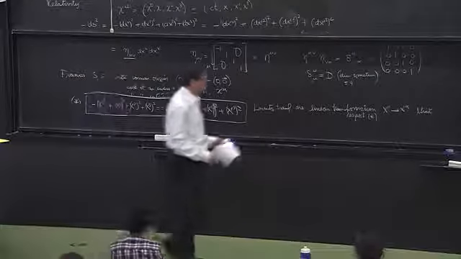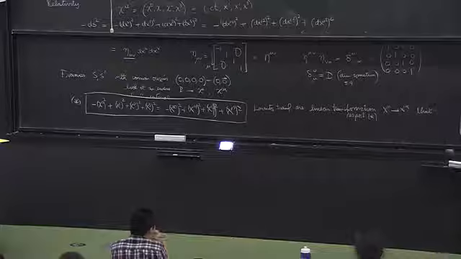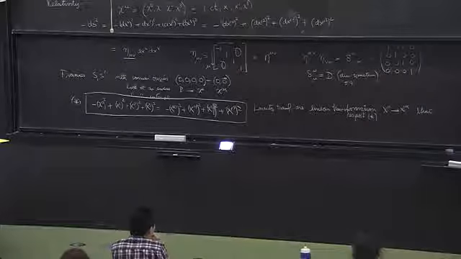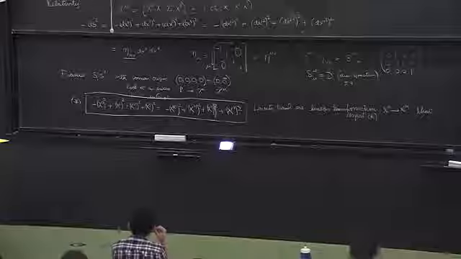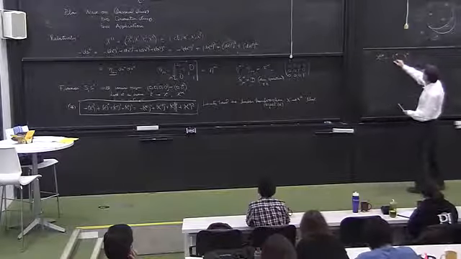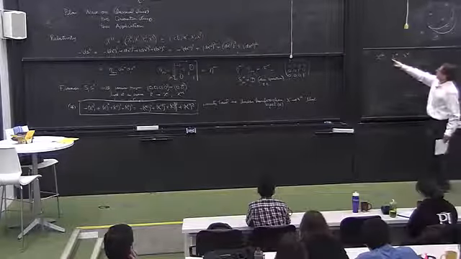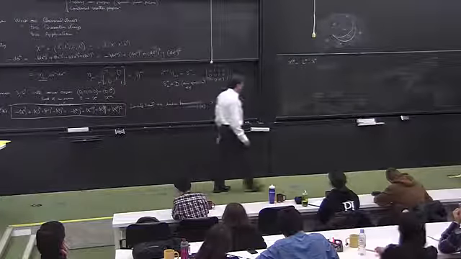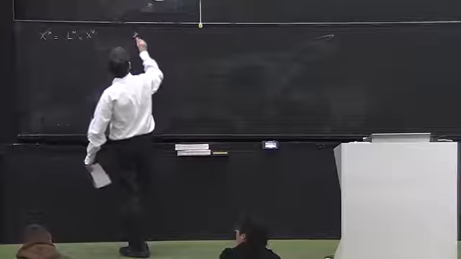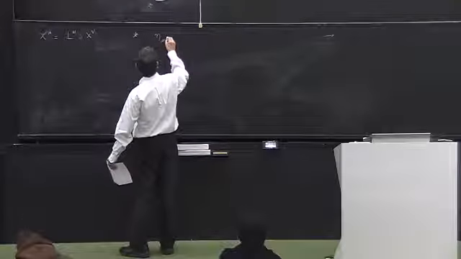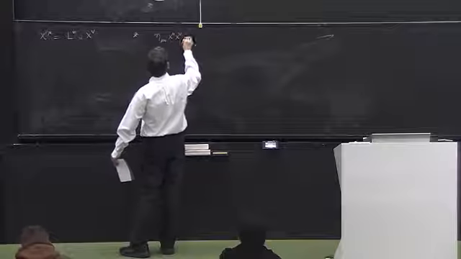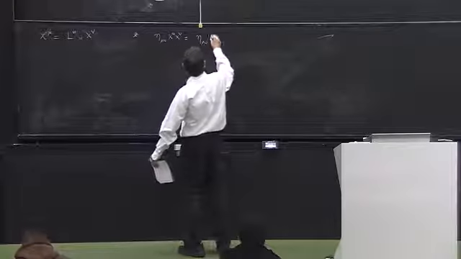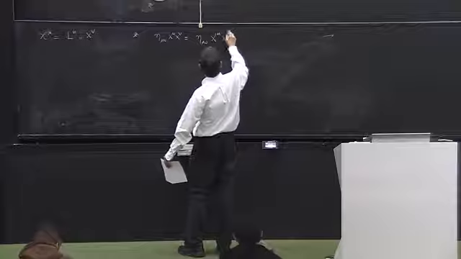So how do we write this? We write this as x prime mu is equal to L mu nu x nu. This is a matrix of numbers that transforms the x's into the x primes. The fact that this equality should hold, star, is the statement that eta mu nu x mu x nu is equal to eta mu nu x prime mu x prime nu.